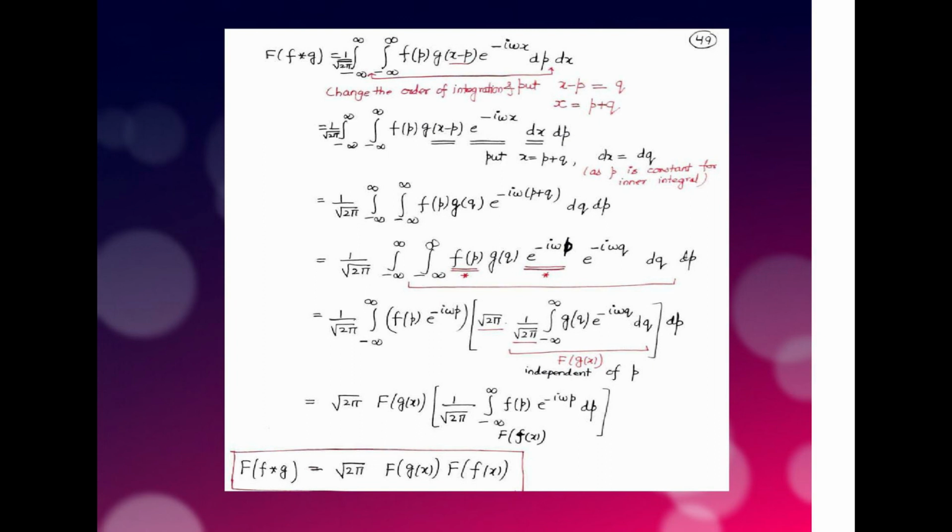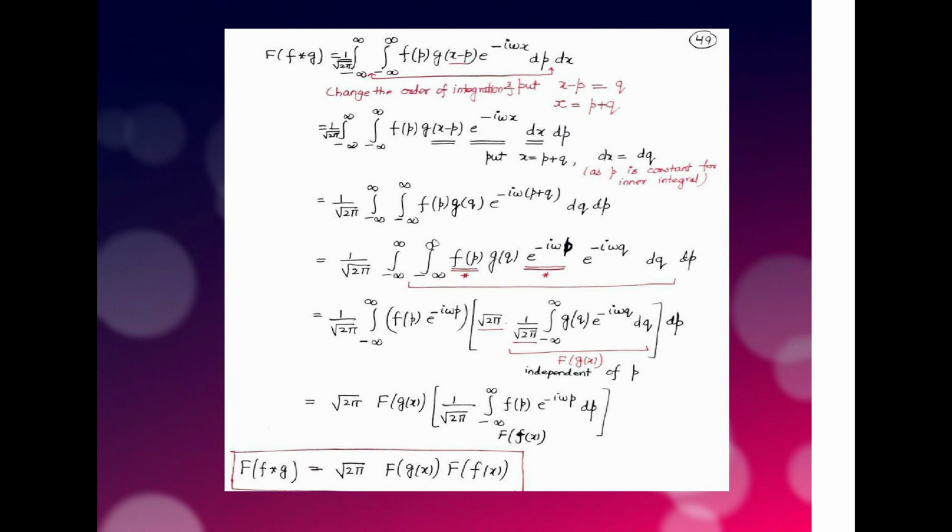So p will be treated as constant. So dx is equal to dq, and limit of integration will be from minus infinity to plus infinity. There will be no change except dx is now replaced by dq. In the exponential function, replace x by p plus q.